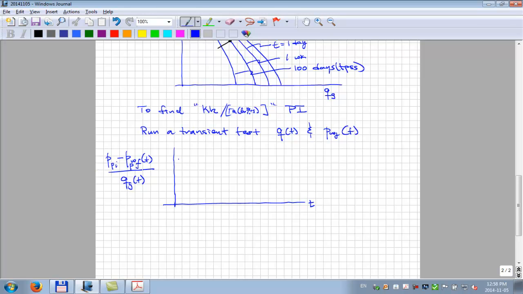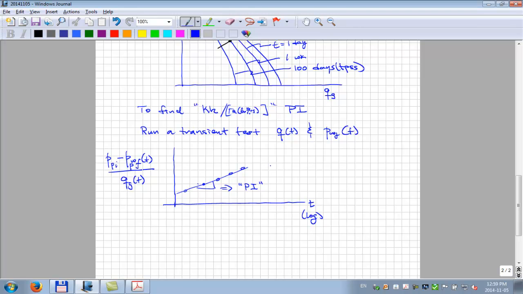And what you'll find is that if you plot it on a log of time axis, then you'll get a straight line. Okay? And the slope of this is effectively going to give you your PI number.